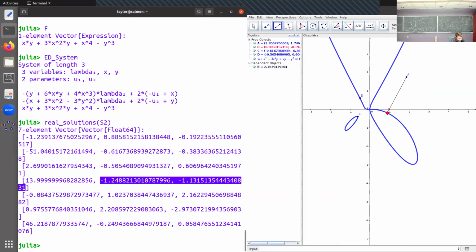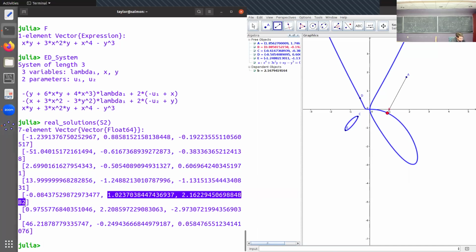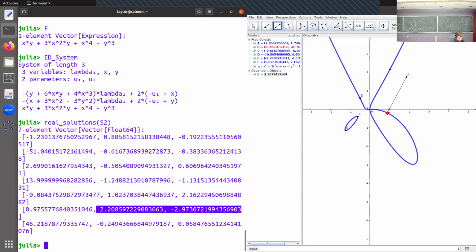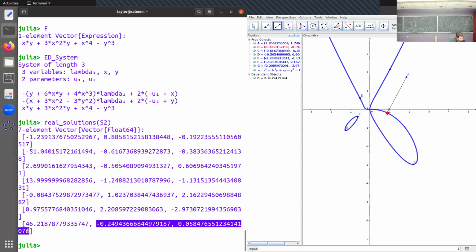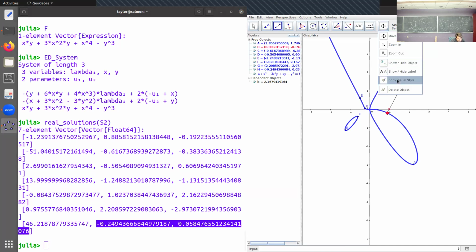But I'm a little scrappy, so. There's this great function here called copy visual style, where I click the red one and I click all the other ones. All look like it.